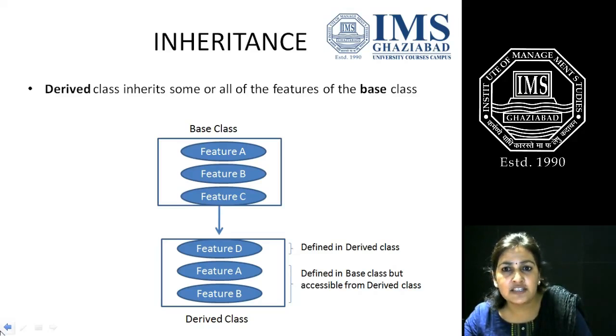For example, in this figure, there is a base class having features A, B and C, and a class is derived from this base class inheriting two features, A and B, and this class is defining some features of itself, that is feature D of the derived class.